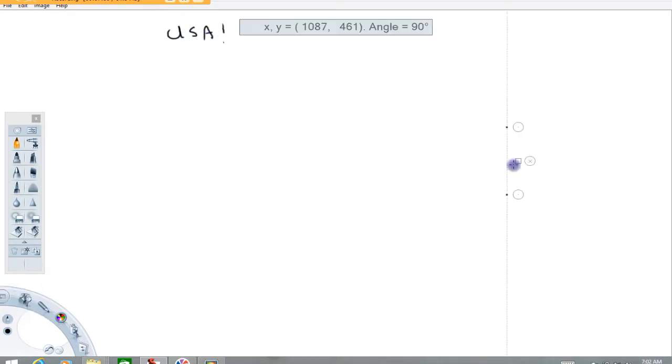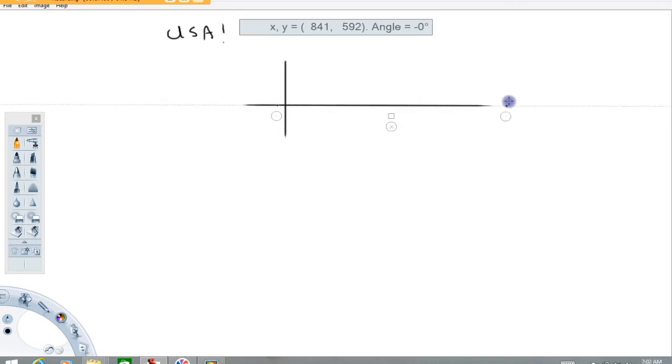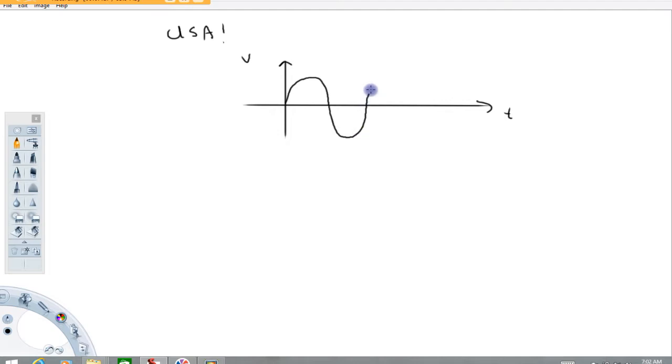USA. All right, so the power grid is an AC power grid. I'm going to do a quick sketch here of voltage against time. It's sinusoidal in nature. Actually, starting at 0, 0 is not important.